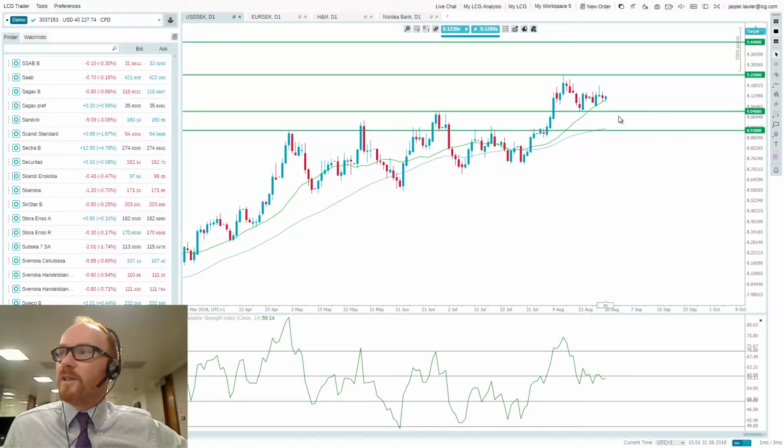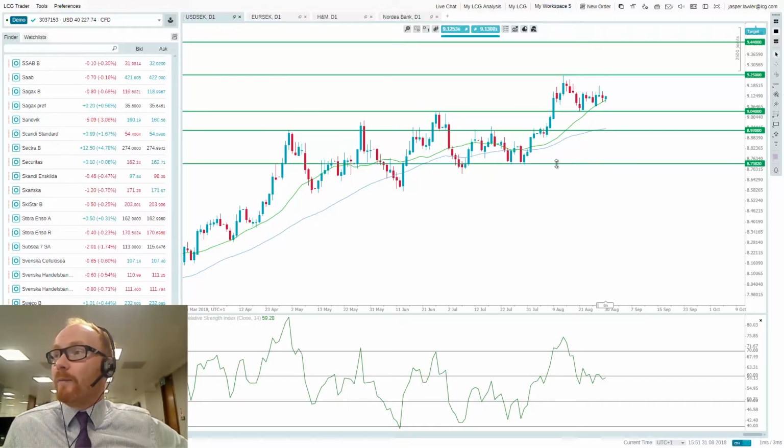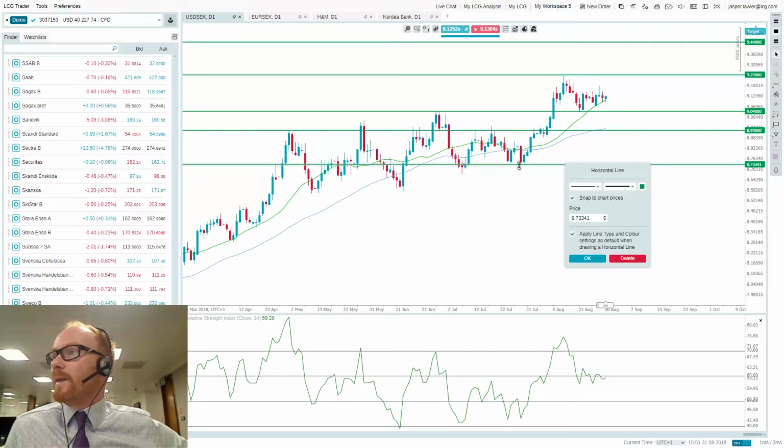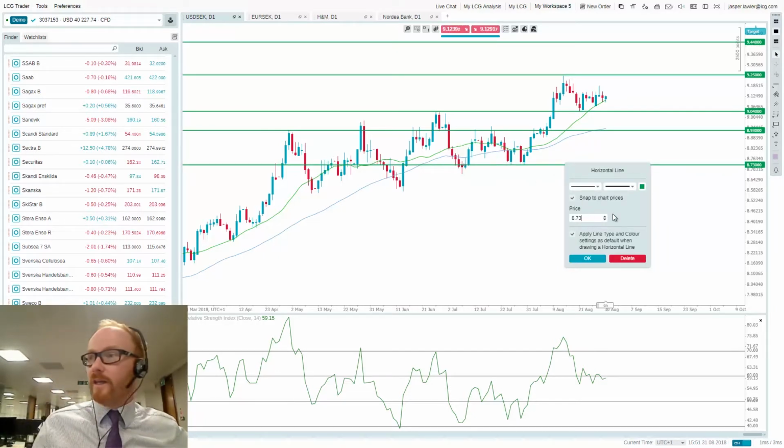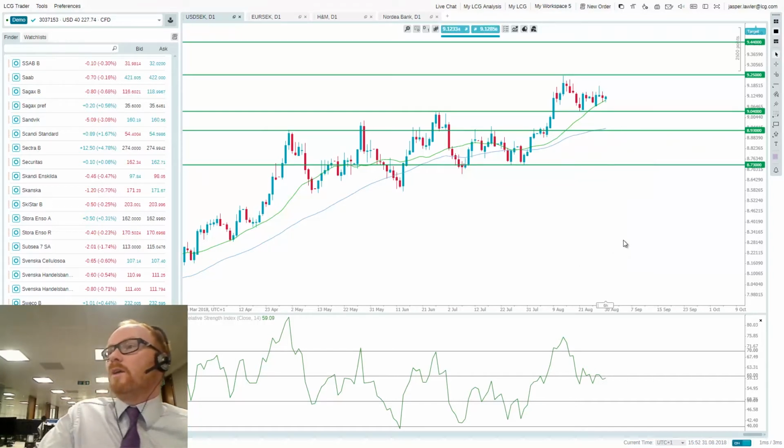So if we're going for a slightly smaller pullback, with a slightly larger pullback within the up move, then we could potentially see 893. If we get more volatility than I would expect to happen here, then we can actually look down to more like the middle of this old range, which is closer to 873 Swedish kronas to the dollar, and that's quite a tiny little support down there.